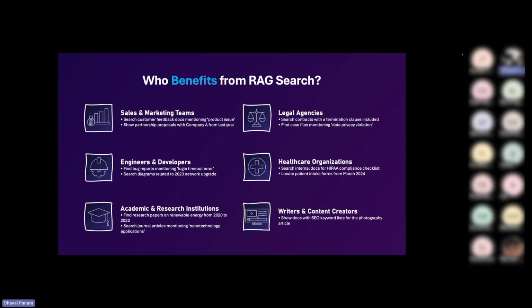So who can benefit from RAG search, right? There are a lot of different use cases for RAG search. One of them could be sales and marketing teams. If a customer has questions about product issues, and you have a lot of documents that you upload, like PDF documents or PowerPoint information or any kind of documents.